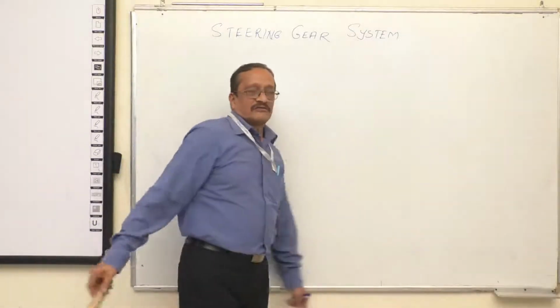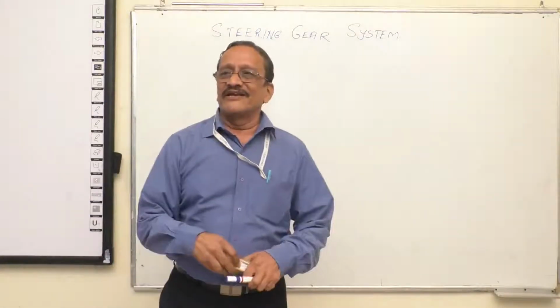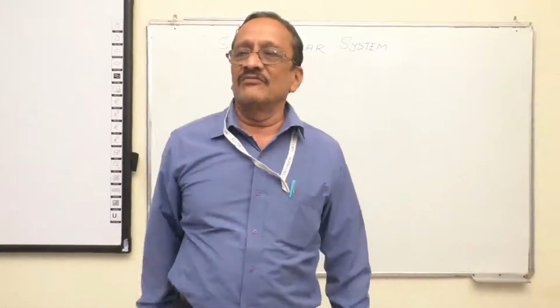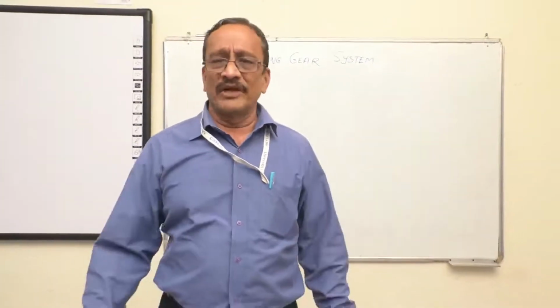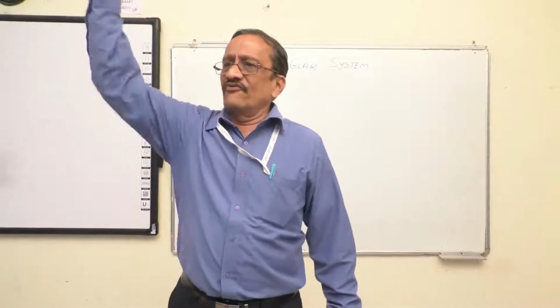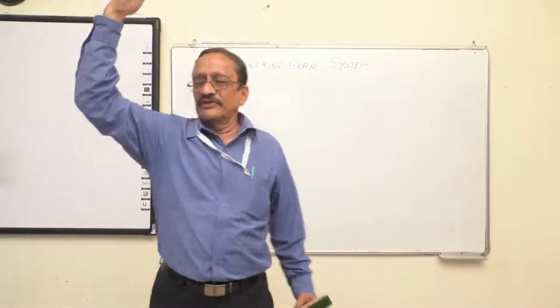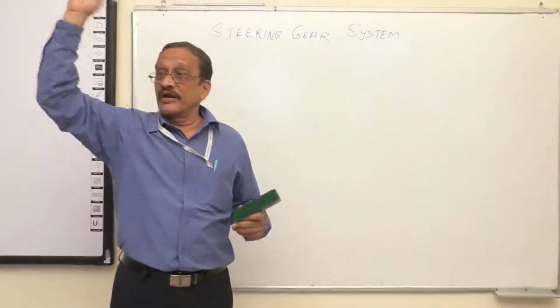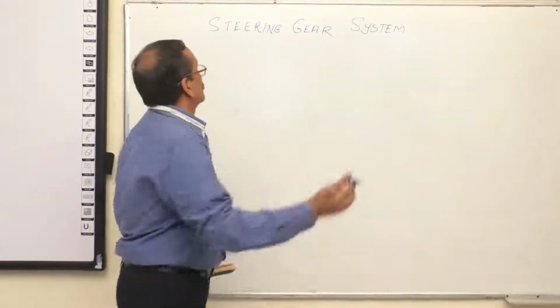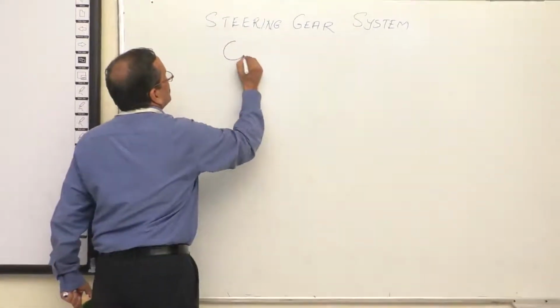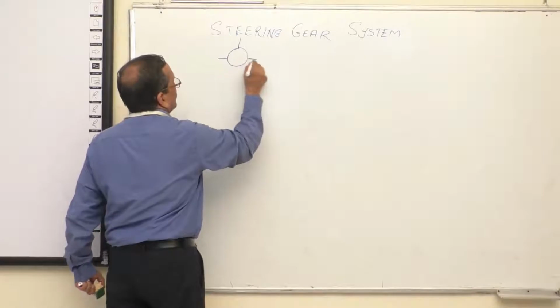If I give you the schematic diagram, you should be able to understand it well. So we start off with the steering wheel, which is located in the wheelhouse.